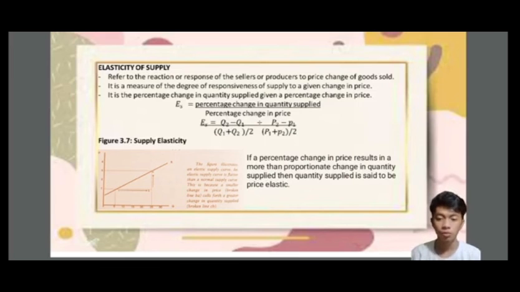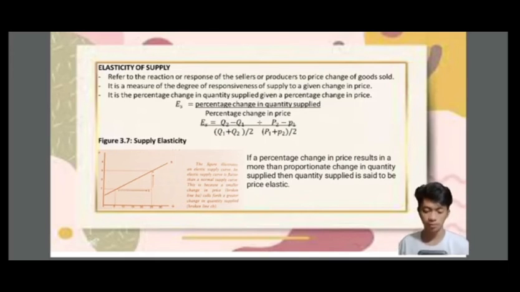Then 2 divided by 21 is 0.09. Then 0.18 divided by 0.09, the result is 2. If a percentage change in price results in more than proportionate change in quantity supplied, then quantity supplied is said to be price elastic.